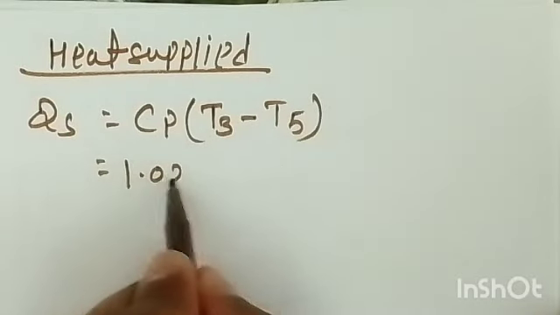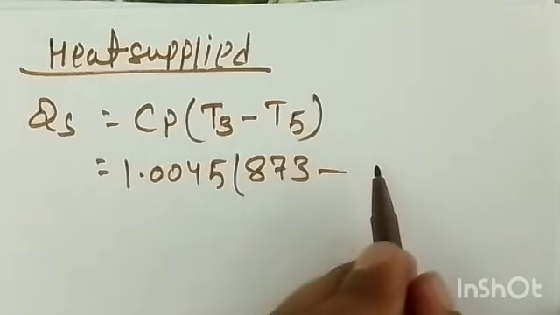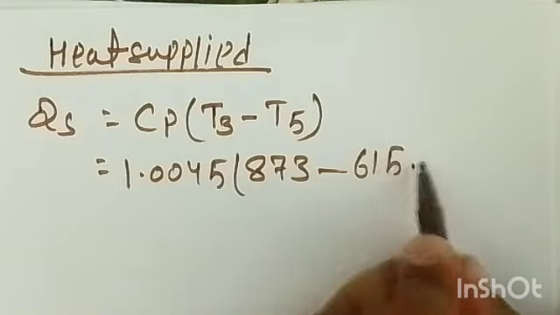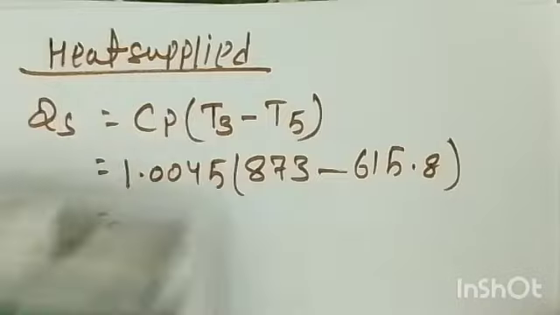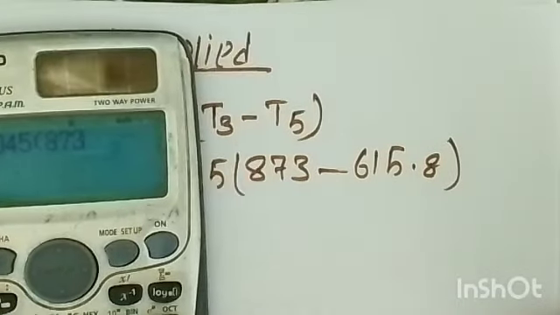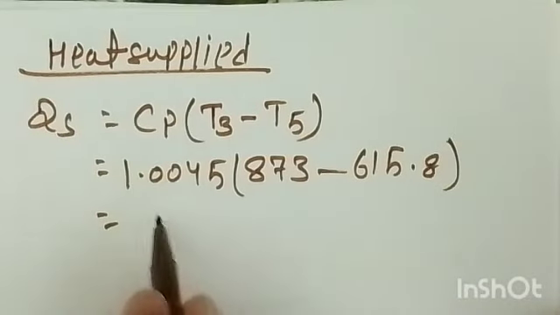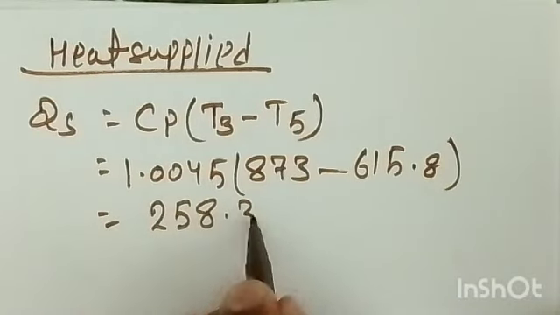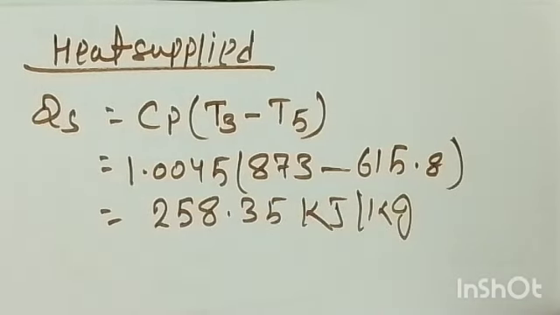So Cp is 1.0045, T3 is the same 873, and T5 we calculated as 615.8 Kelvin. On simplification, 1.0045 times (873 minus 615.8) gives 258.35 kilojoules per kg. So this is the heat supplied you got.